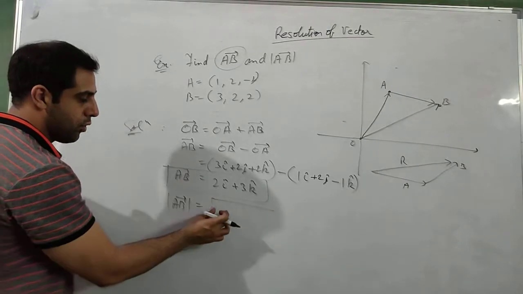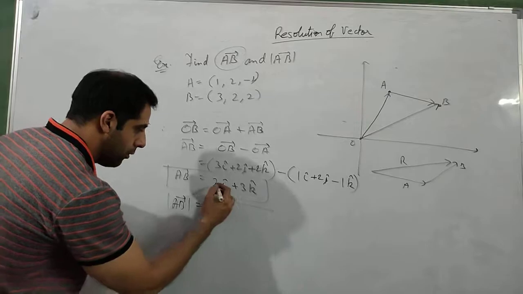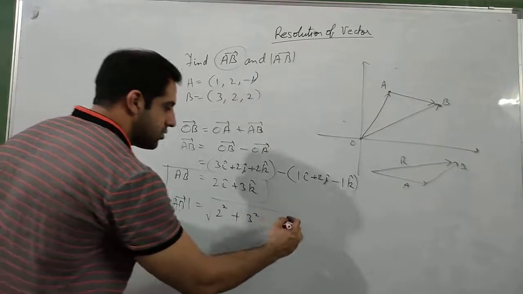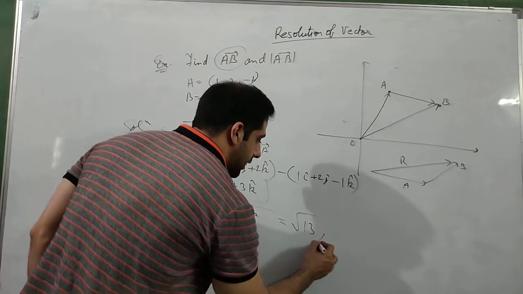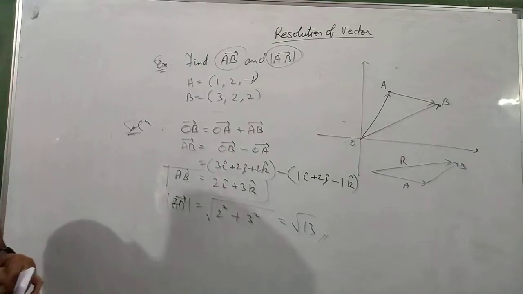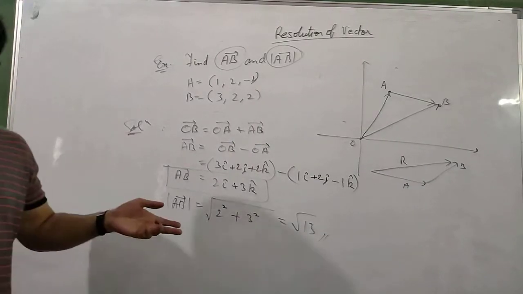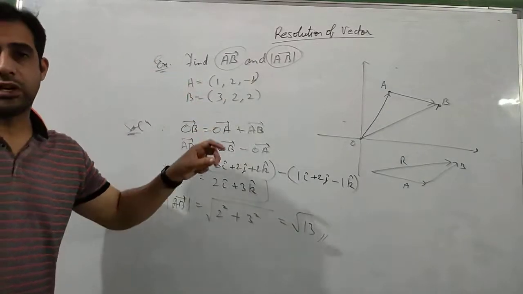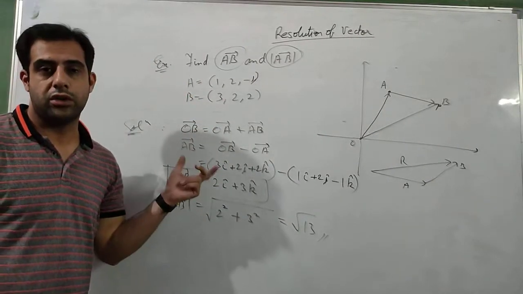It will be the square of one component plus the square of the second component, so 2 square plus 3 square, 4 plus 9 is 13, so it will be root 13, and this is the solution for this part. This is how we are going to solve various examples. I will give you more examples so that this topic is clear, but it is very important for the upcoming chapter, so make sure you understand all the videos related to this topic.